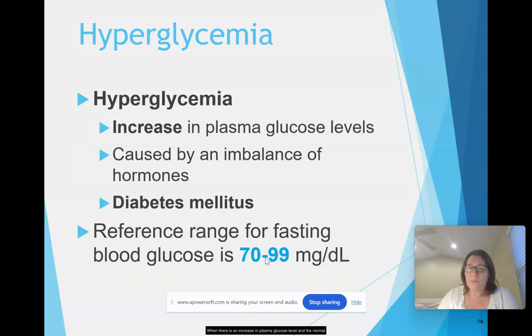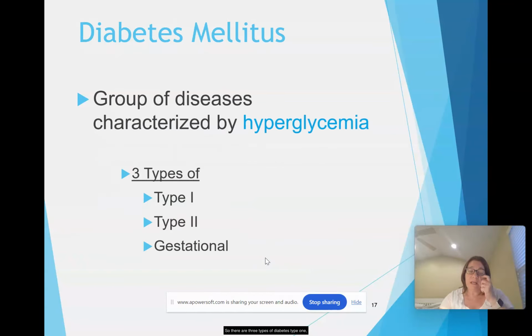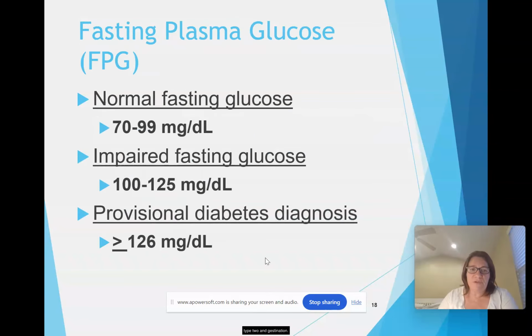Hyperglycemia is when there is an increase in plasma glucose level, and the normal reference range is 70-99 milligrams. So there are three types of diabetes: type 1, type 2, and gestational. Those are the reference ranges for normal and diabetic patient. So if it's over 126 milligrams per deciliter, the patient is diabetic.